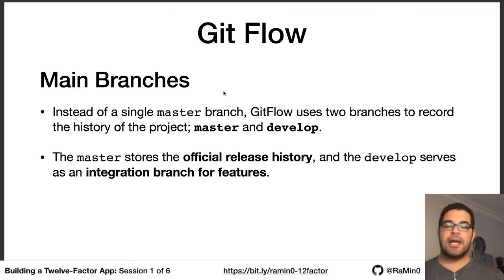Git flow mainly works with branches. What I mean with branches is, in a single code repo, you initially have this main branch or master branch, which is basically the code that is deployed to production. And then you would have a copy. What I mean by branch is just a copy of your code.